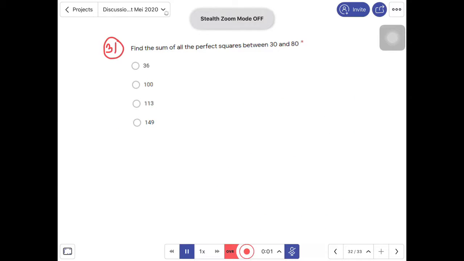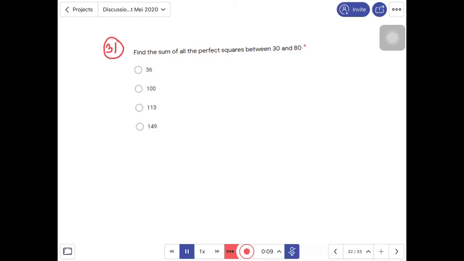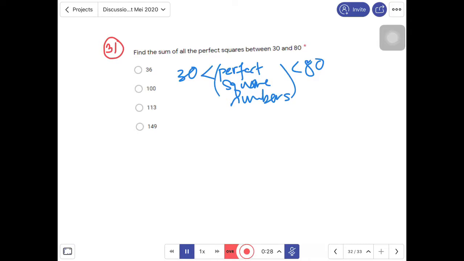In this problem, we have to determine first all the perfect square numbers between 30 and 80. All perfect square numbers. Okay. So what are they?